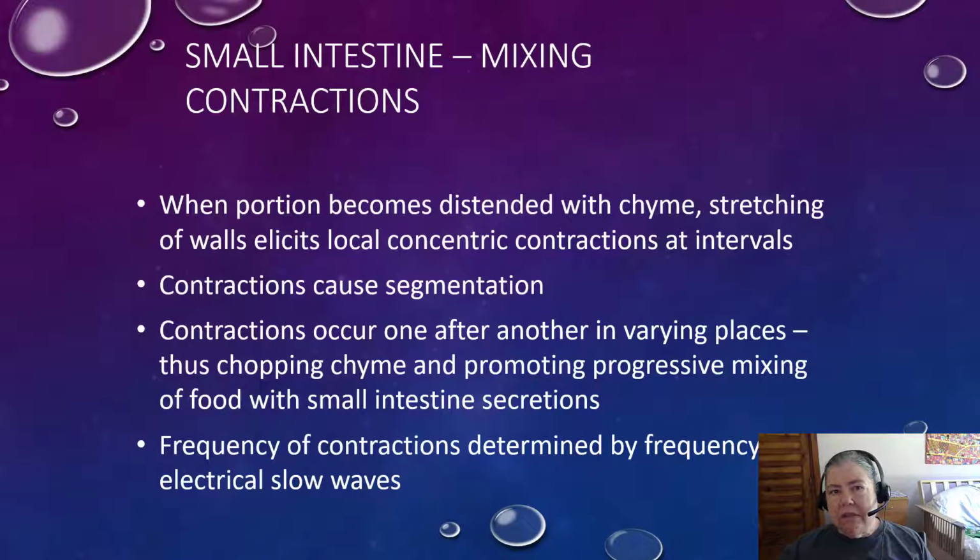As those contractions relax, there are circular contractions at different intervals along the small intestine. And so this chops the chyme and promotes the mixing of the chyme that has left the stomach with the secretions that are being added to it in the small intestine.